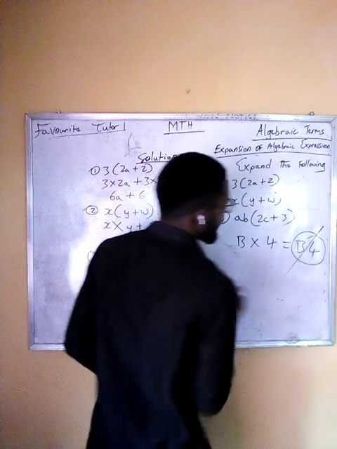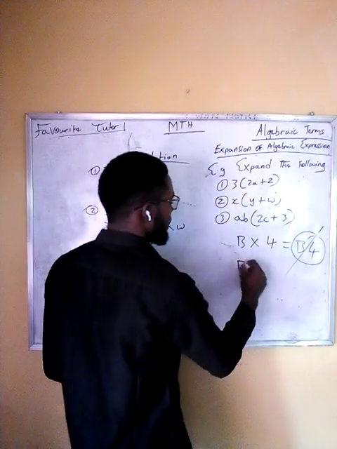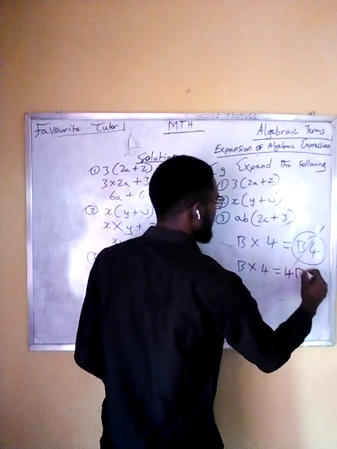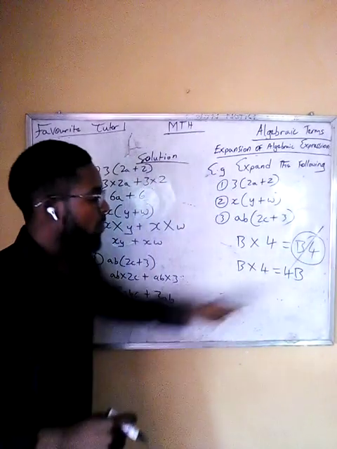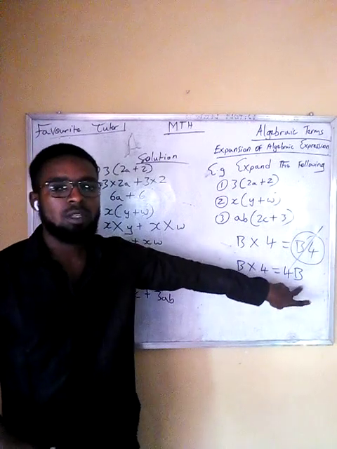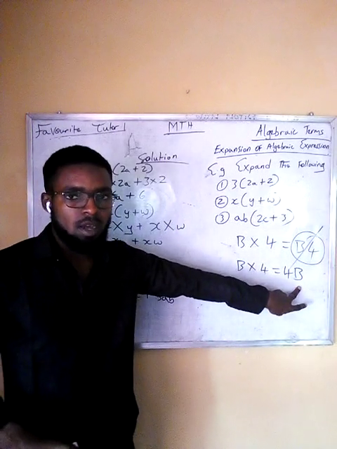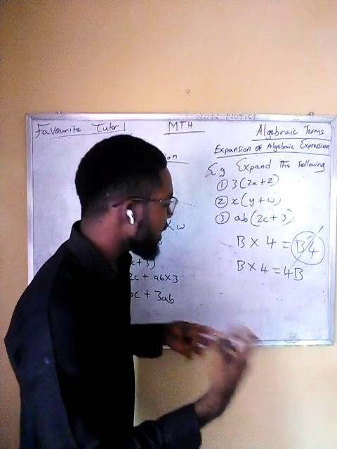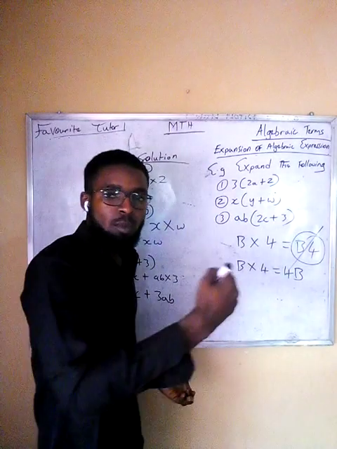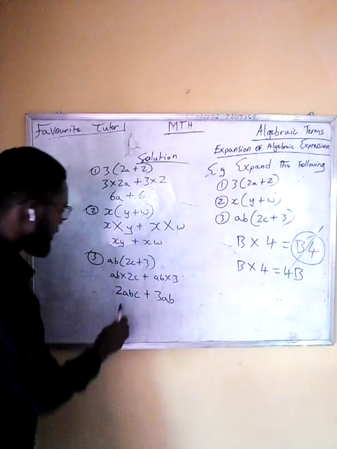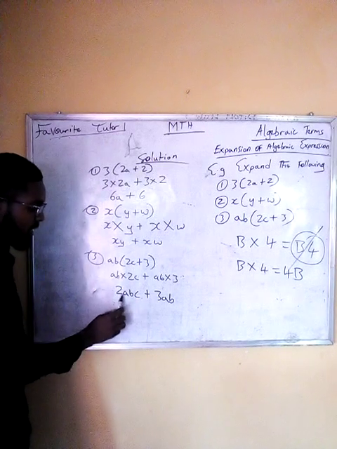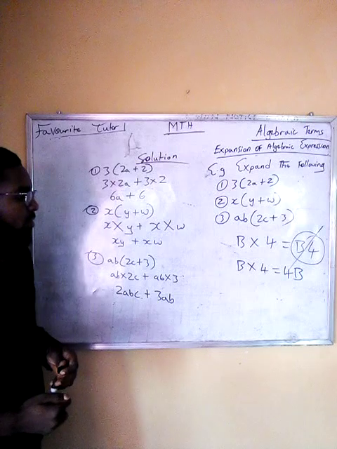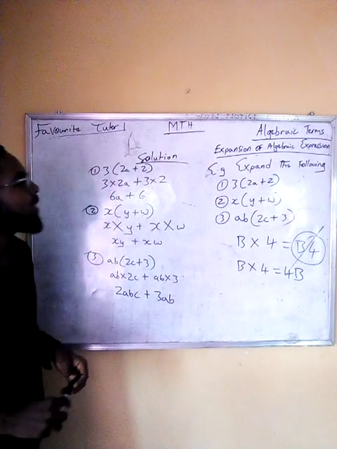This is wrong. b times 4 is what? 4b. Numbers come first before the letter. And if the letters are more than one, the letters must be arranged alphabetically, like what we have here: a, b, c. All right, are we good to go? We are good to go.